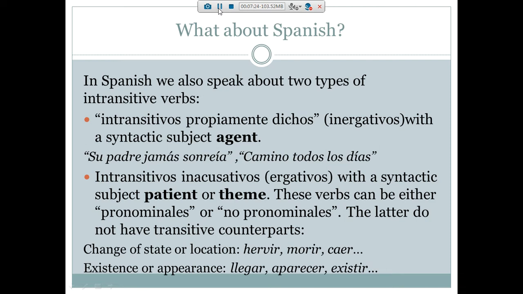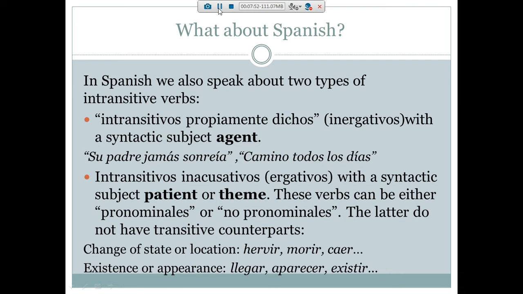For example, verbs that denote change of state or location. El verbo hervir. Uno puede decir herví la verdura, tiene un uso transitivo, pero puedo decir la verdura ya está hirviendo, y ahí verdura, el sujeto sintáctico, tiene la función del papel temático de paciente.